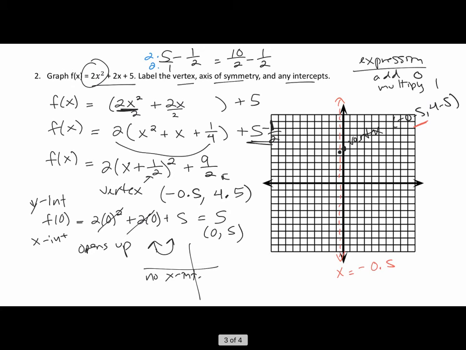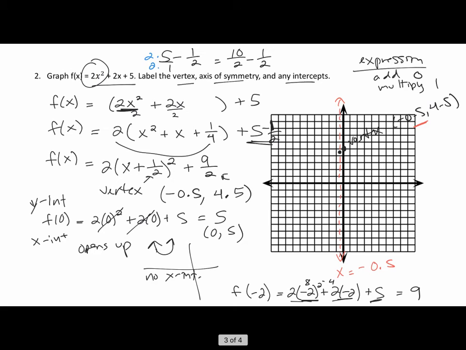Let's just evaluate the function at another value. Let's say negative 2. See how that works out. So 2 times negative 2 squared plus 2 times negative 2 plus 5. So that's 4, and 2 times 4 is 8. Minus 4 is 4, plus 5 is 9.